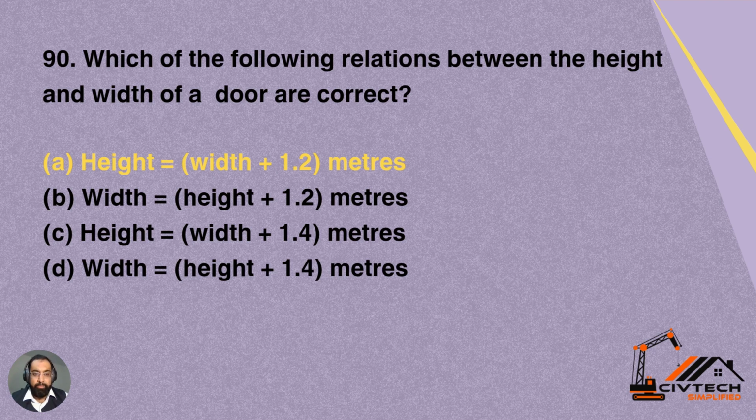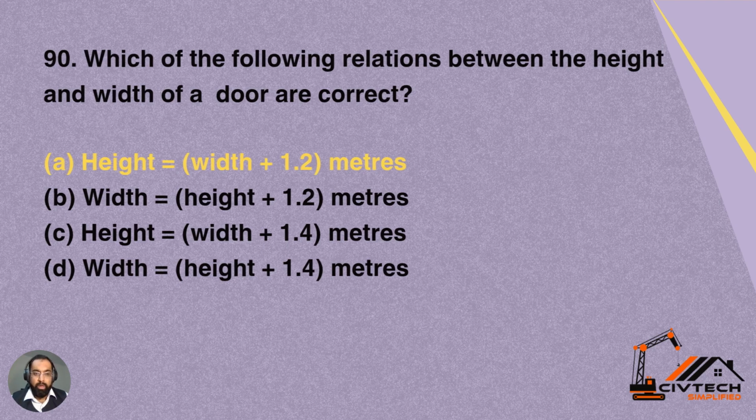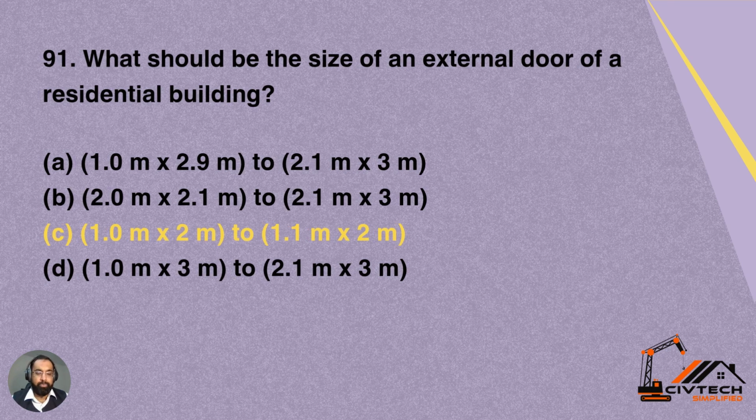Option B, width is equal to height plus 1.2. Option C, height is equal to width plus 1.4. Option D, width is equal to height plus 1.4. So option A is correct for this question. The relation between height and width of the door is height is equal to width plus 1.2 in meters.